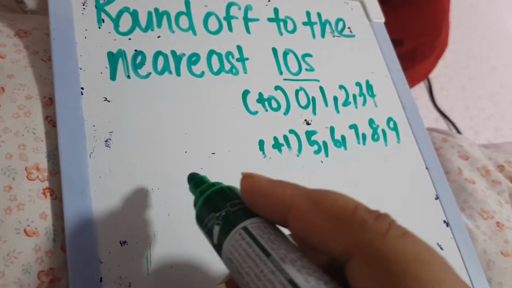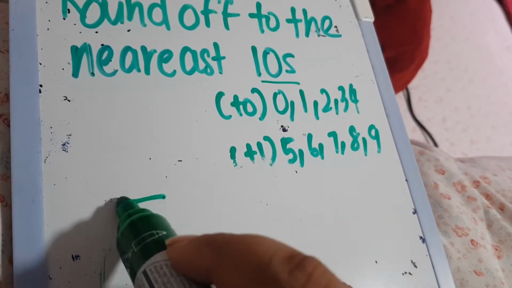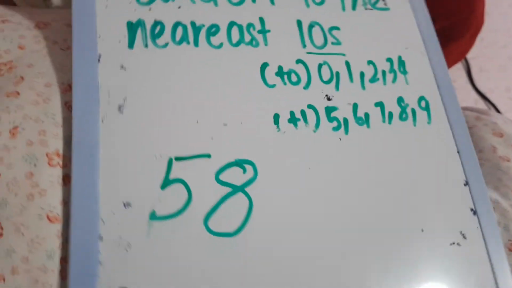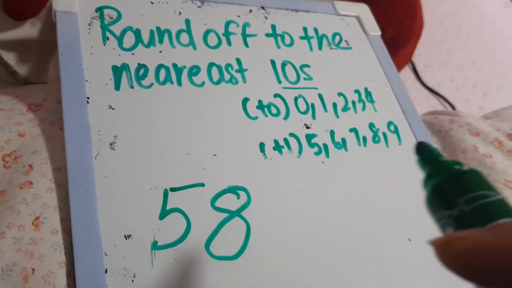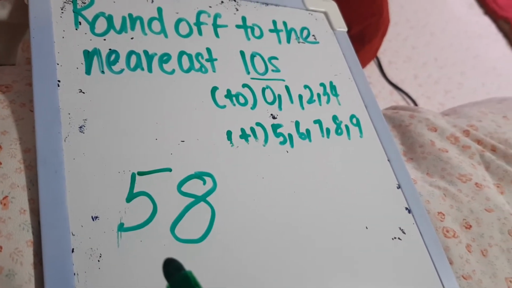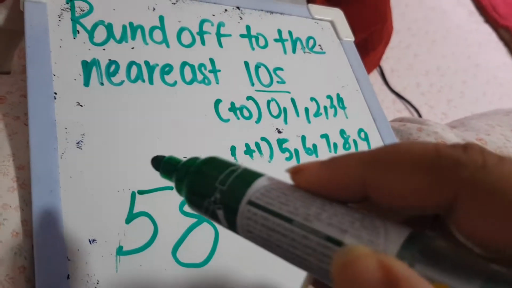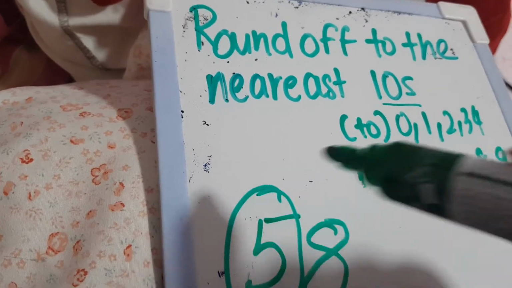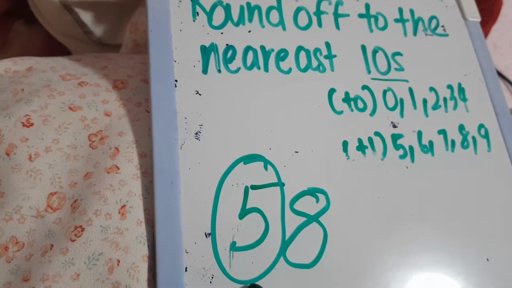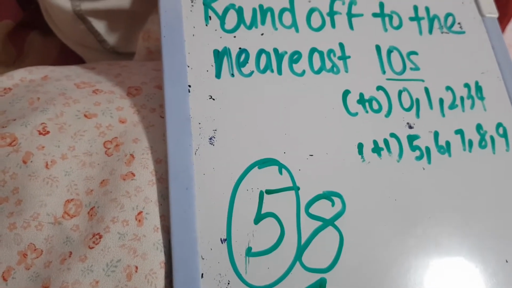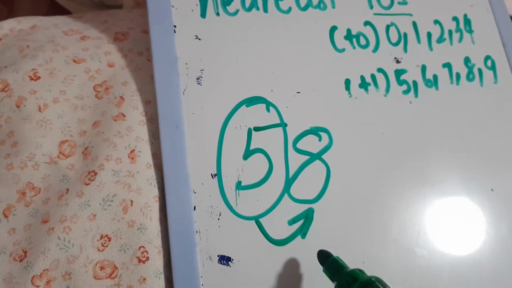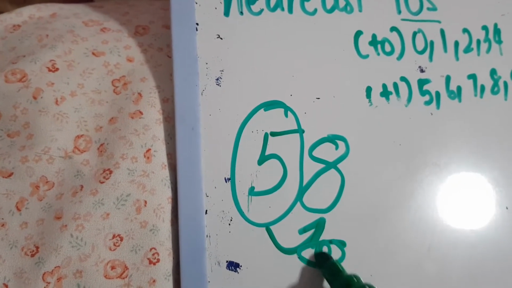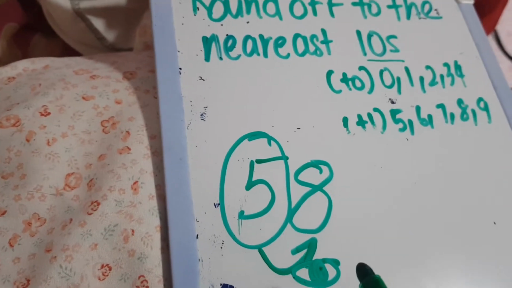Let's round 58 to the nearest 10. Okay? So, first we circle the tens place because we are rounding to the nearest 10. After which, we look to the right, our right neighbor, and we draw an eye because we are going to see.